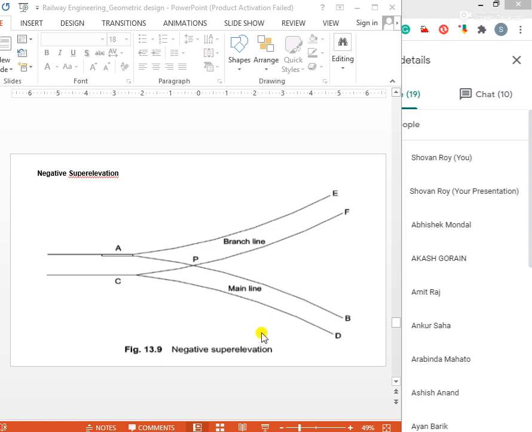These two contradictory conditions cannot be met within the layout. In such cases, the branch line curve has a negative super elevation.